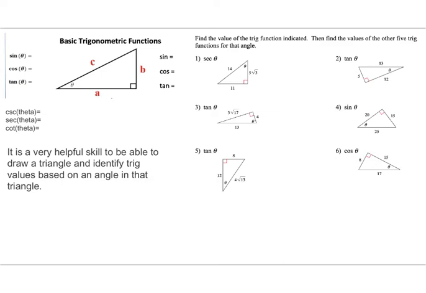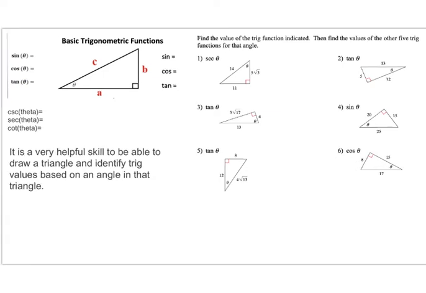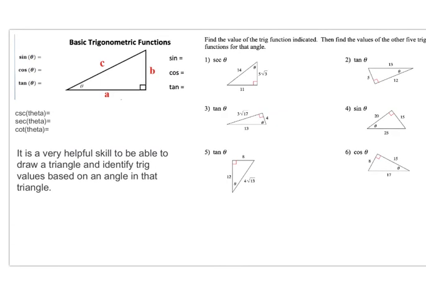Looking at what we have here, based on the angle theta, sine of theta is opposite over hypotenuse, so that would be B over C. Cosine is adjacent over hypotenuse, that'd be A over C, and tangent is opposite over adjacent, so B over A. Cosecant is the reciprocal of sine, so that would be C over B. Secant is the reciprocal of cosine, so that would be C over A. And cotangent is the reciprocal of tangent, so that would be A over B.